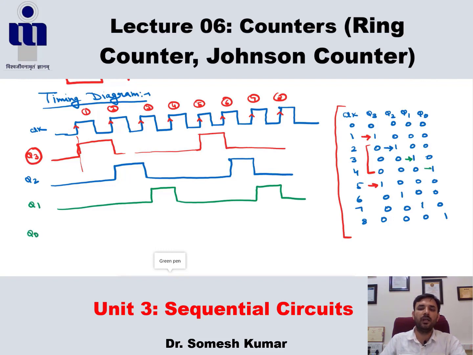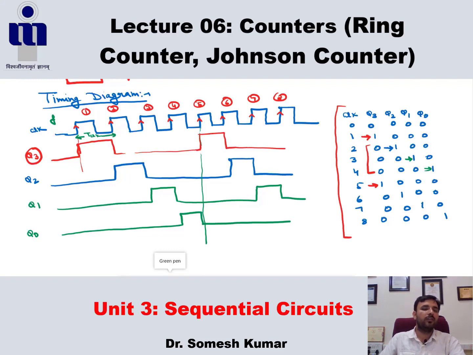So Q0 remains 1 in the 4th clock like this, and so on. Fine, like this. So what is the frequency? If the frequency of the clock is F, or we can say T clock is this.